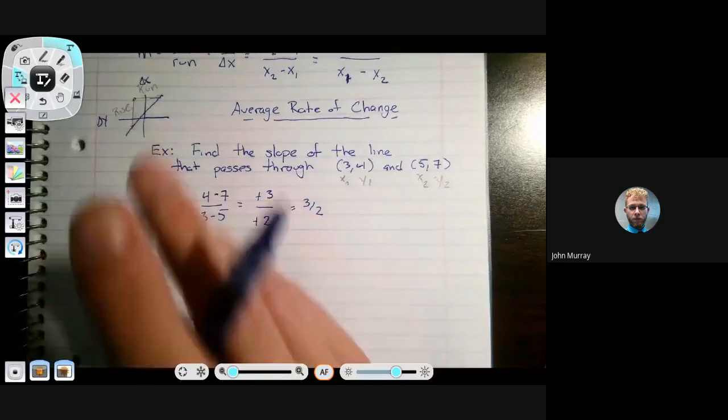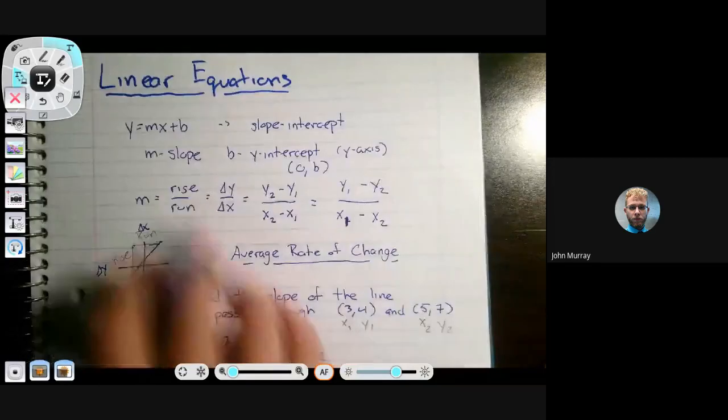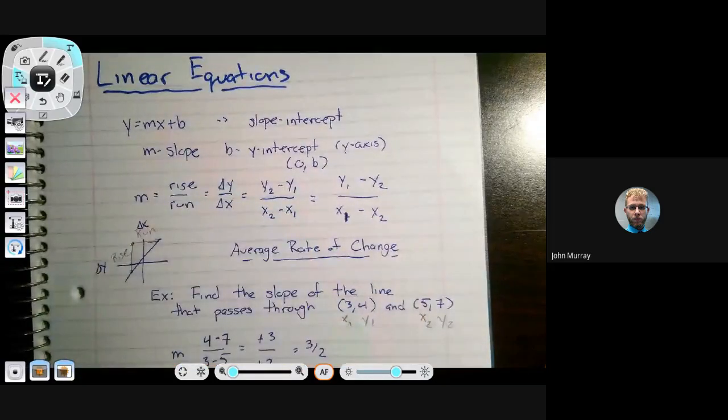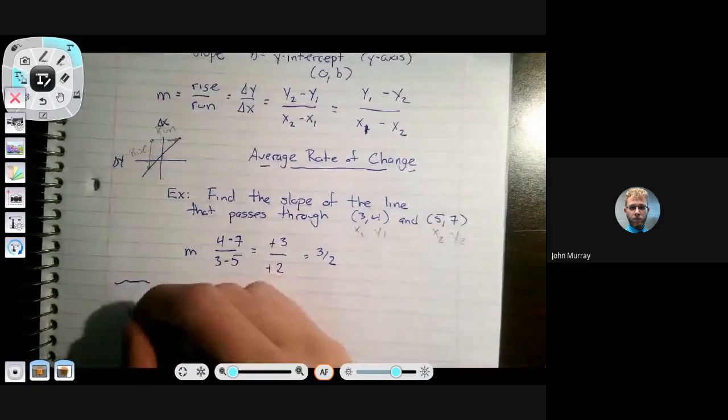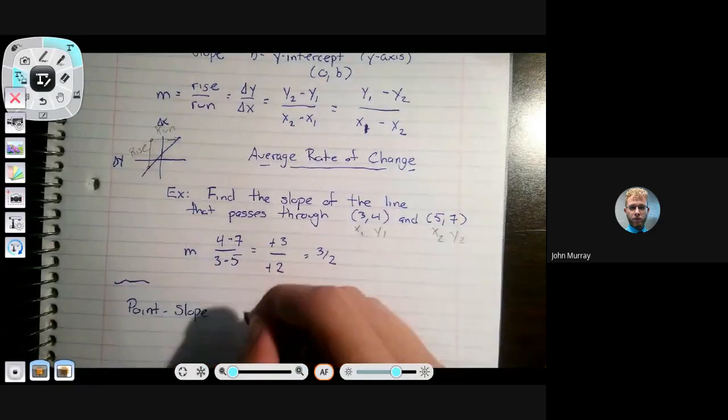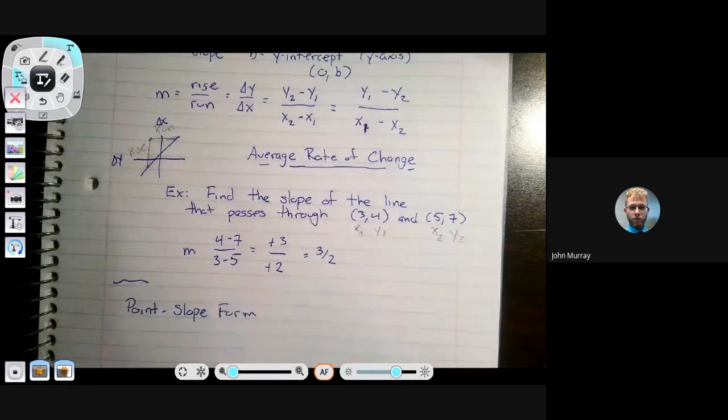We have more than one way to show a linear equation. This slope-intercept form is just one way. We also have something called point slope form. Obviously we need the slope. That's what defines a linear equation.